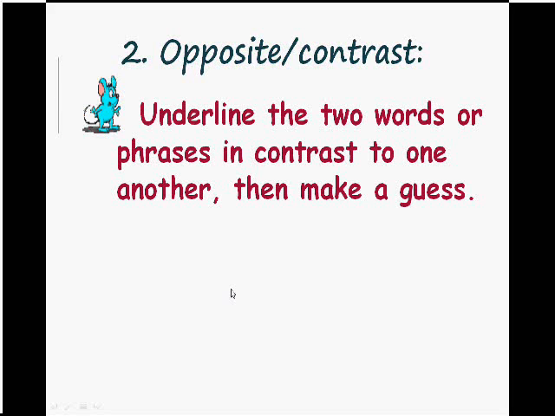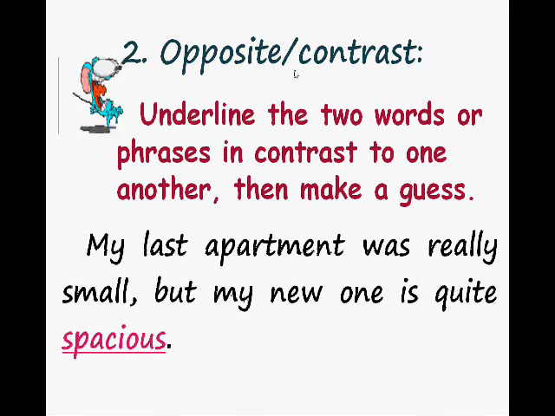So you look at the two words which are opposites, or which are in contrast with each other. Then if you know one word, it will be easy for you to guess the other word. Like, my last apartment was really small, but my new one is quite spacious.